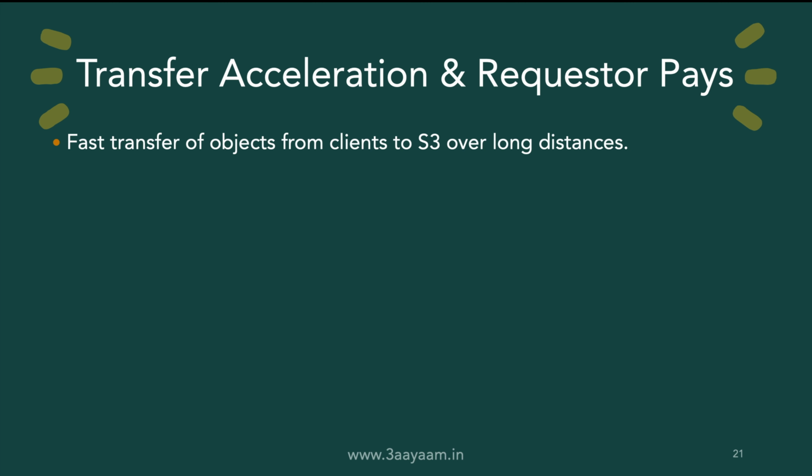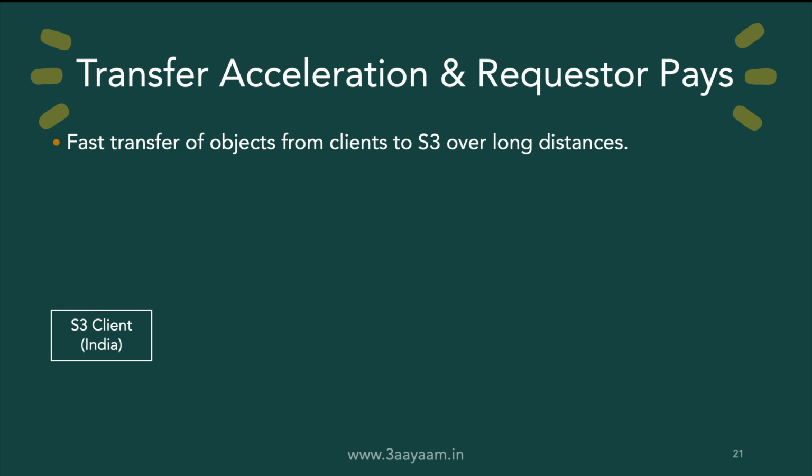Using transfer acceleration, we can transfer objects faster from clients to S3 over long distances. This is the sole purpose of transfer acceleration. It enables faster uploading of objects from clients to buckets which are separated by a long distance.